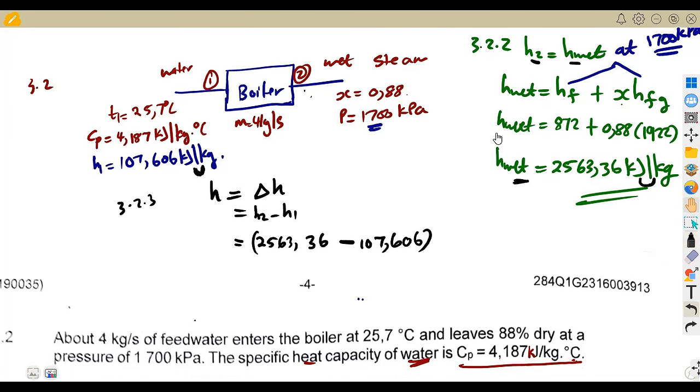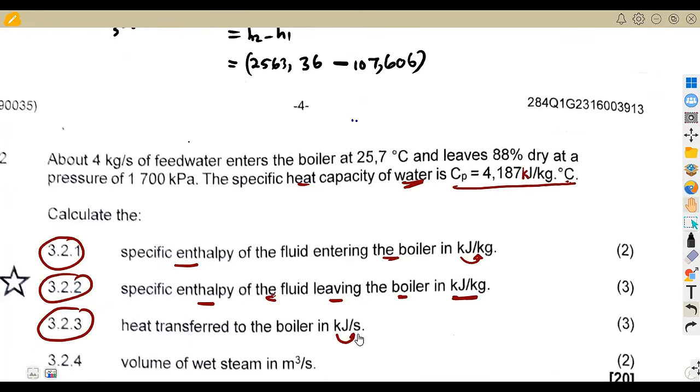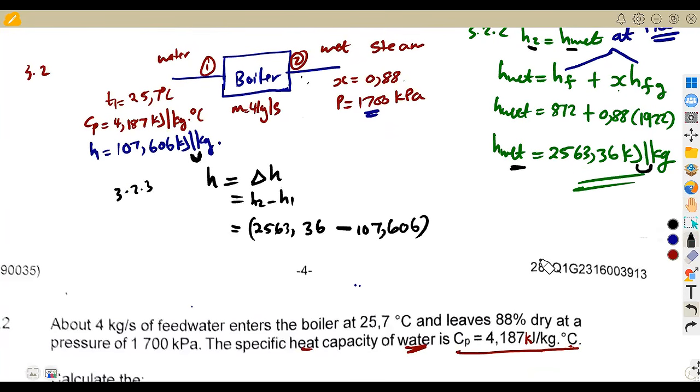So in order for us to have this same heat transferred in kilojoule per second, we are supposed to multiply by the mass, which is measured in kilograms per second, so that the kilogram and the kilogram cancel.